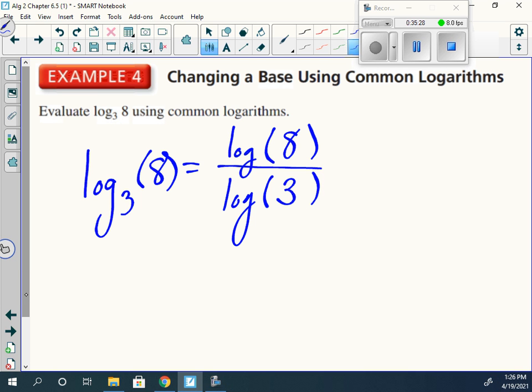Eight would go on top and 3 would go on bottom. So what's inside goes on top, the base goes on bottom. Okay, now how would this look if I wrote it with natural logs? Ln of 8 over Ln of 3.